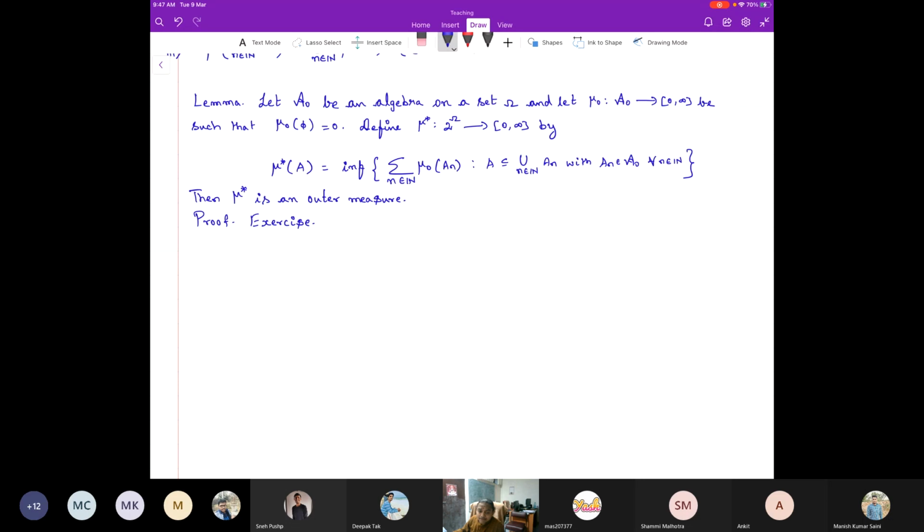Question: why are we not taking a sigma algebra A naught? We are taking A naught to be an algebra. You don't need a sigma algebra, that is the whole point. Is length defined on a sigma algebra? No. It is defined on some intervals, and at most you can extend it to finite disjoint unions of intervals.